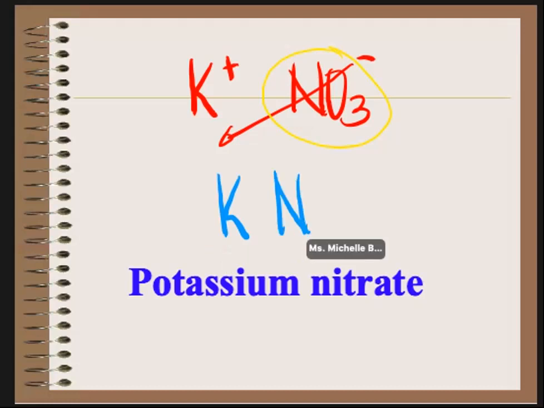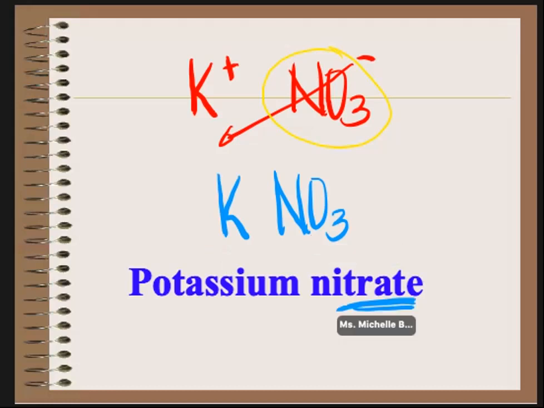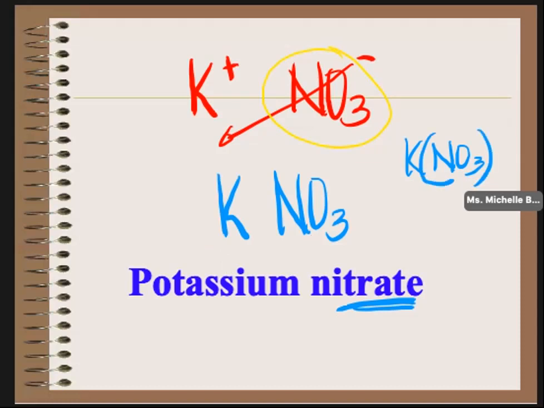Do not ever change the formula of the polyatomic ion. The correct formula of nitrate is NO3. We don't place parentheses because it's just one atom. You don't need to write a parenthesis. So this is the final answer.